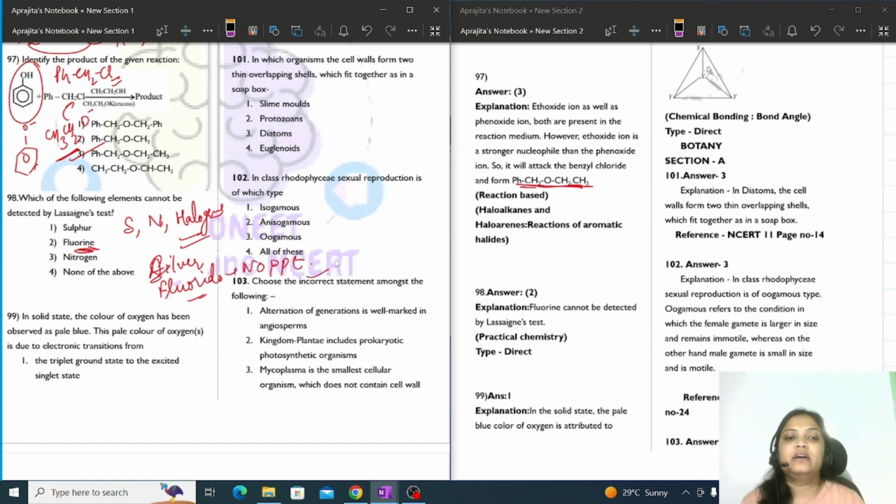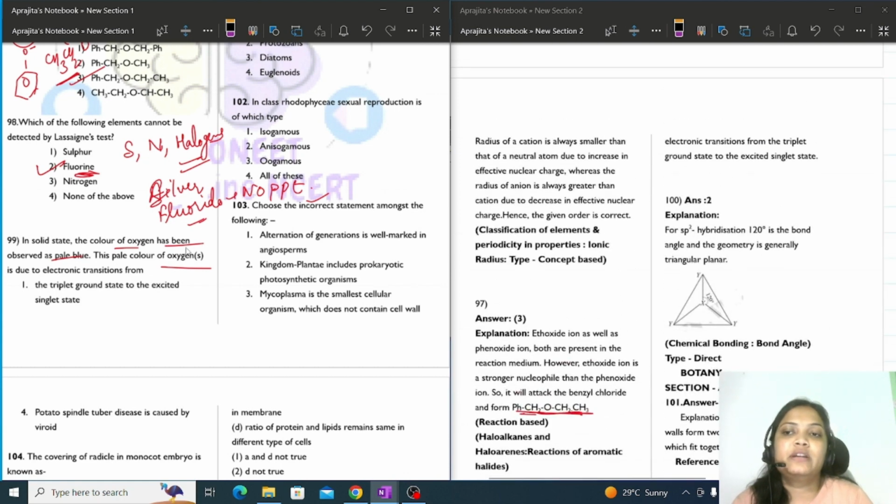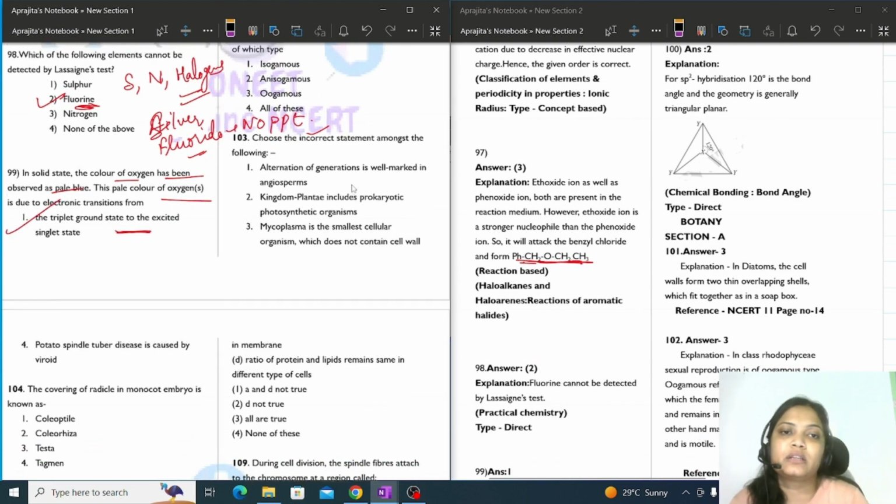Silver chloride and silver bromide will give a precipitate, but silver fluoride will not. In solid state, the color of oxygen has been observed as pale blue. This pale color is because in oxygen the electronic transition takes place from the triplet ground state to the excited singlet state. So the answer is option 1.